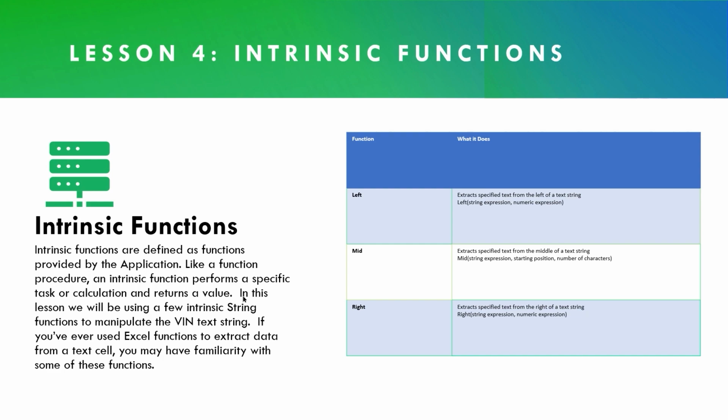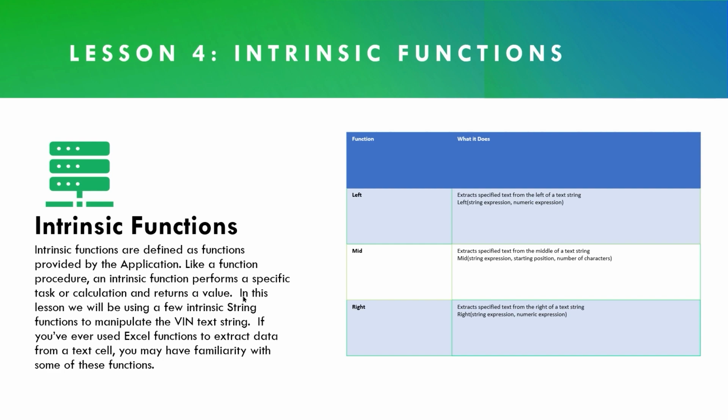The left function extracts specified text from the left of a string, and it gives you the syntax there. So left, and then in parentheses, 2 arguments: the string expression, and a numeric expression. The numeric expression specifies how many characters you want extracted from the left side of the string.